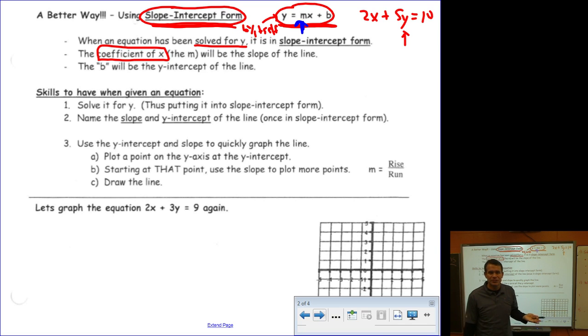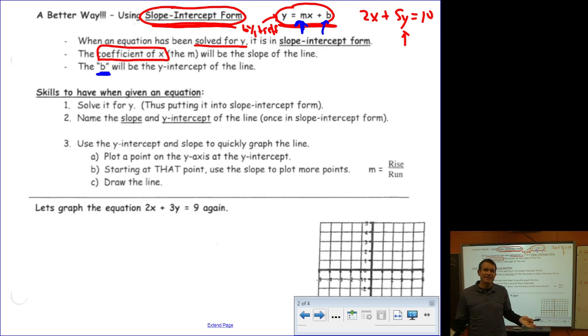Isn't that cool? So when the y is by itself in an equation, whatever number is in front of the x will be the slope of the line. And the b value, this number out here, will be the y-intercept of the line.